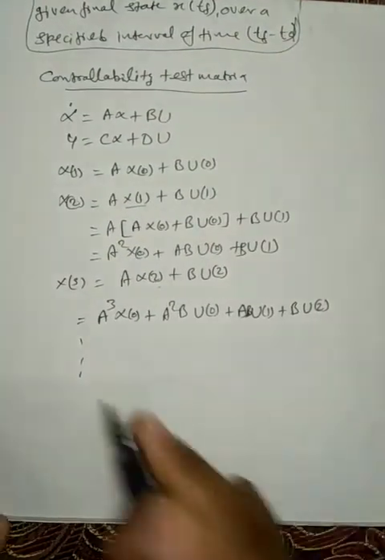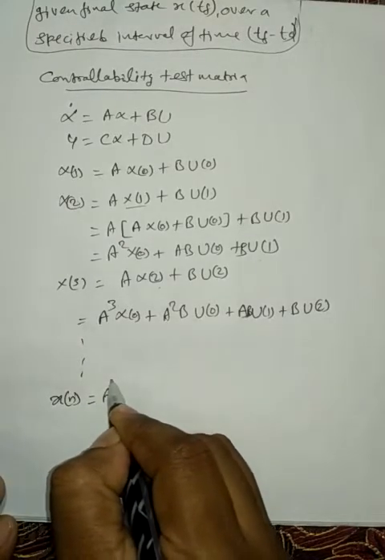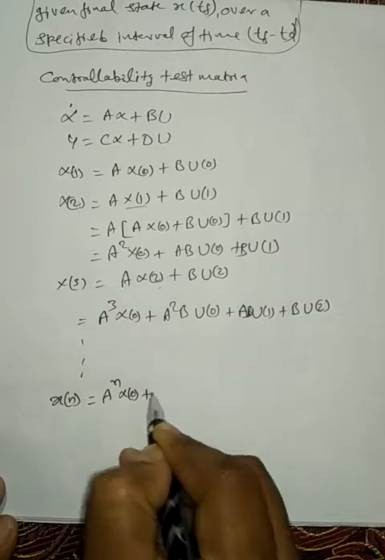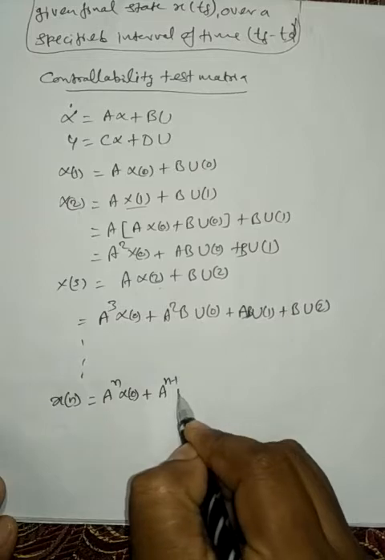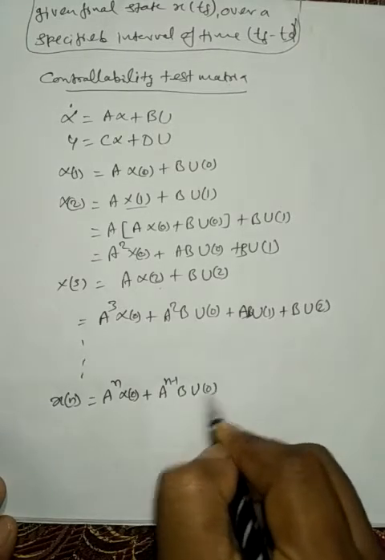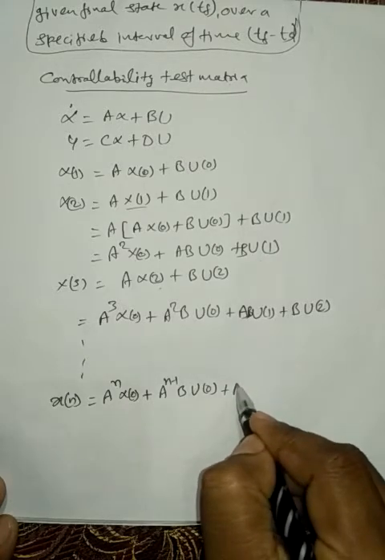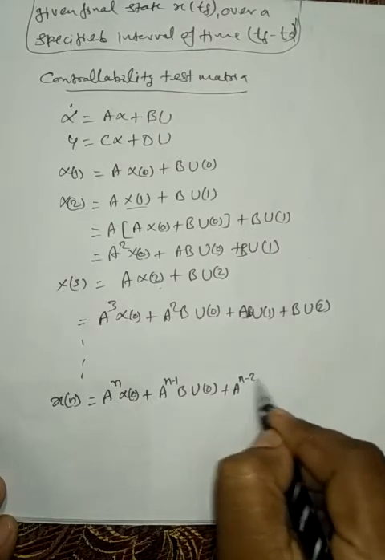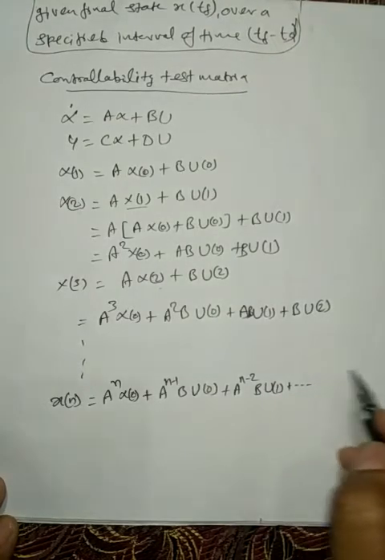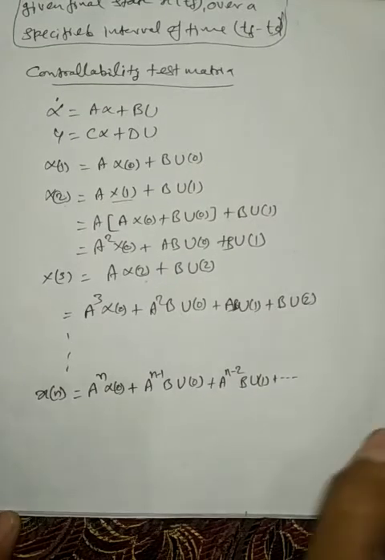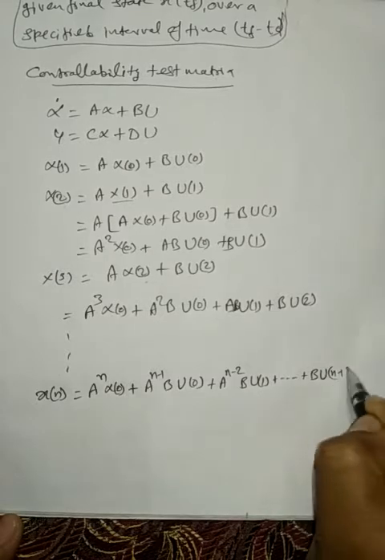We get xn is equal to a raised to n x naught plus a raised to n minus 1 b u naught plus a raised to n minus 2 b u1 and so on, and finally b un minus 1.